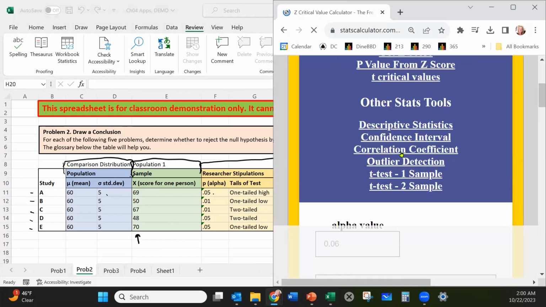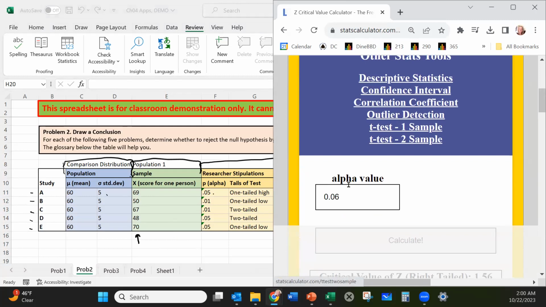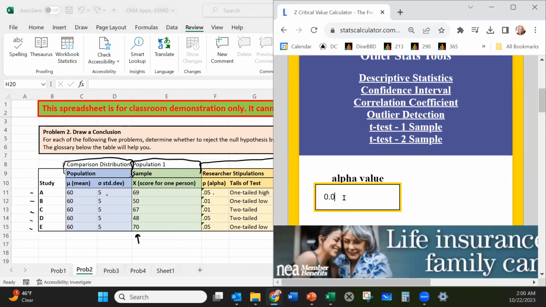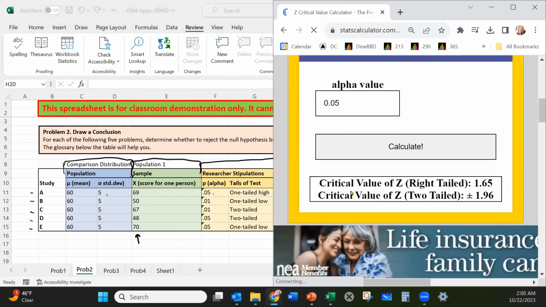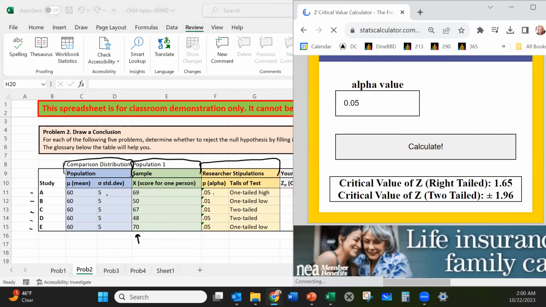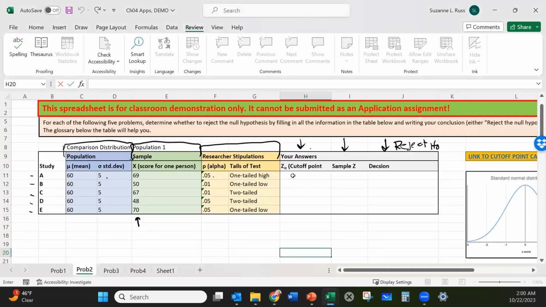And we discover, scrolling down, we don't want a 0.06 there. Let's get the 0.05. We discover that we have a 1.65 cutoff point. So let's go ahead and write our Z alpha, our Z score linked to alpha, equals 1.65.